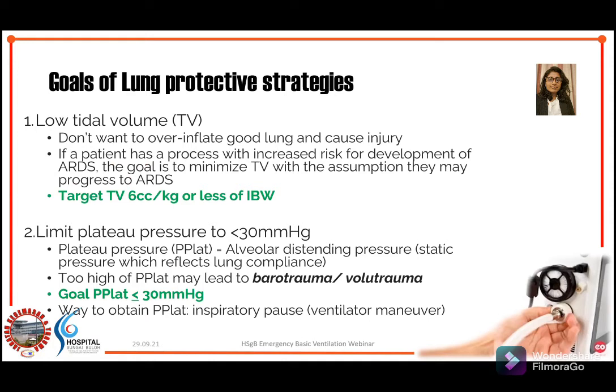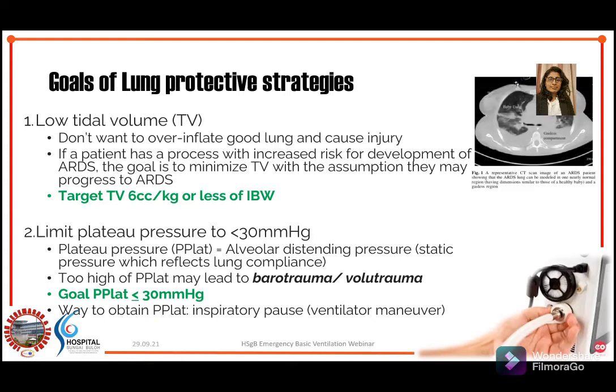So moving on to the goals of lung protective strategies. Number 1, you want to make sure that there is low tidal volume. Why low tidal volume? Because you don't want to overinflate the good lung and cause injury. This is to prevent your volutrauma, barotrauma, and biotrauma. As you can see, in ARDS patients, they tend to have limited lung availability for ventilation.